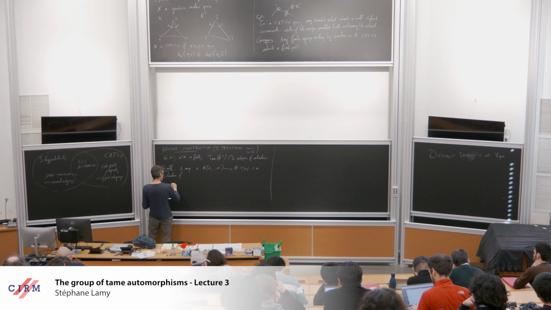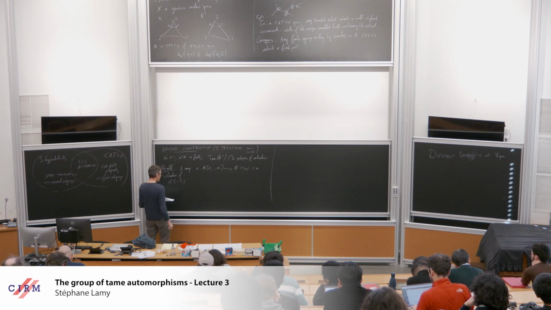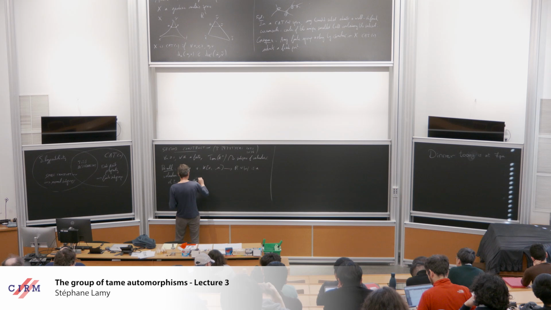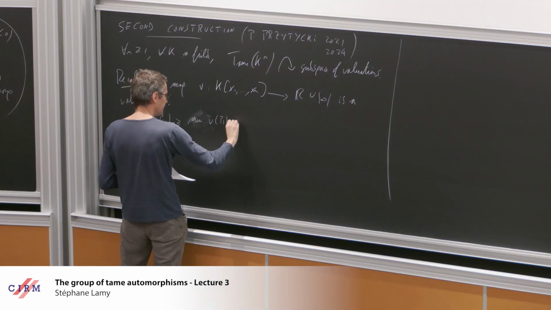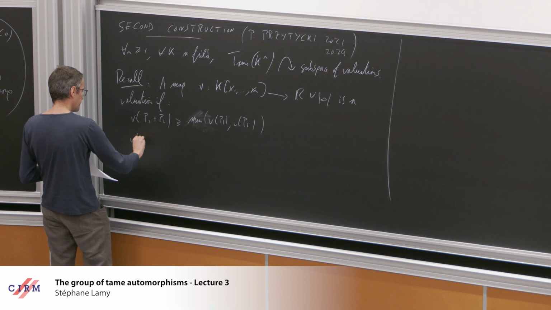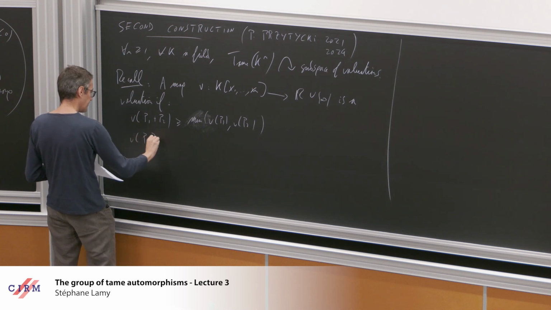So nu of P1 plus P2 is at least the minimum of the valuation at P1 and at P2. And the valuation of the product is just the sum.